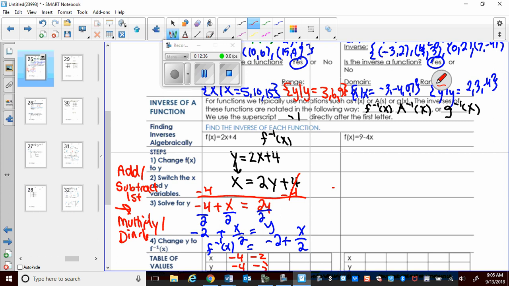Finish the table. When you're done with that, go ahead, do this one.